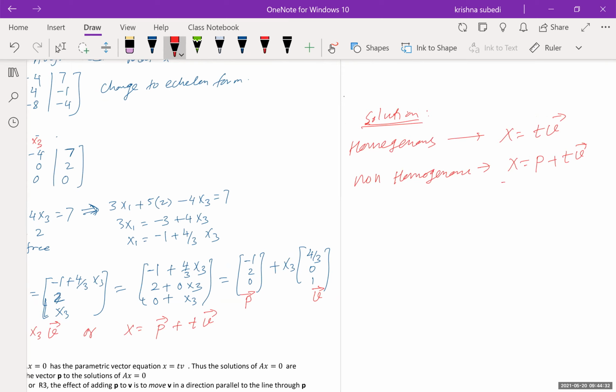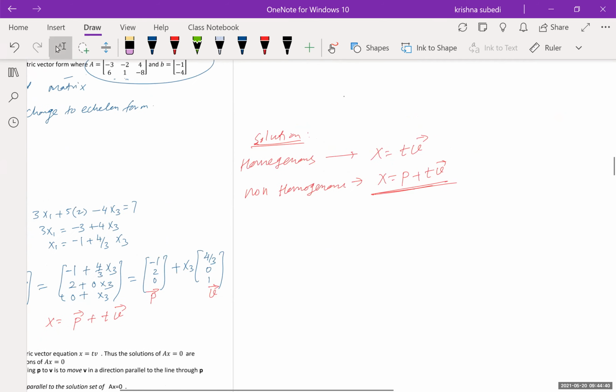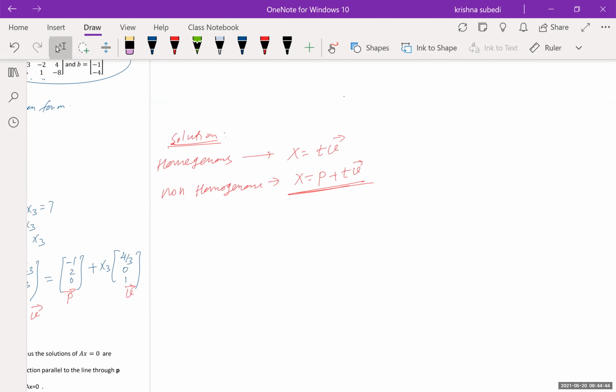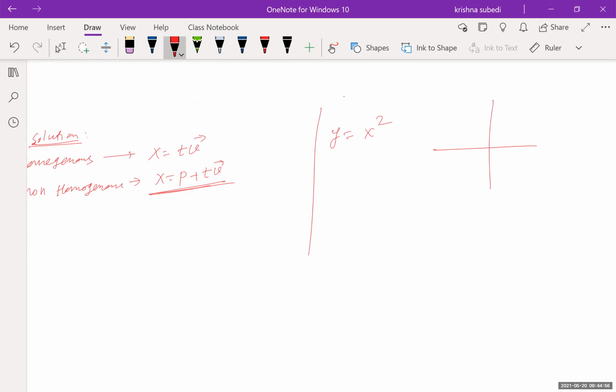Okay. And now, what does it mean? Suppose, let me take you to high school just for a few seconds, if you don't mind. Suppose you have, let's say, y equals x squared. And if you draw the graph, then the graph would be like this, right? Everybody knows that.